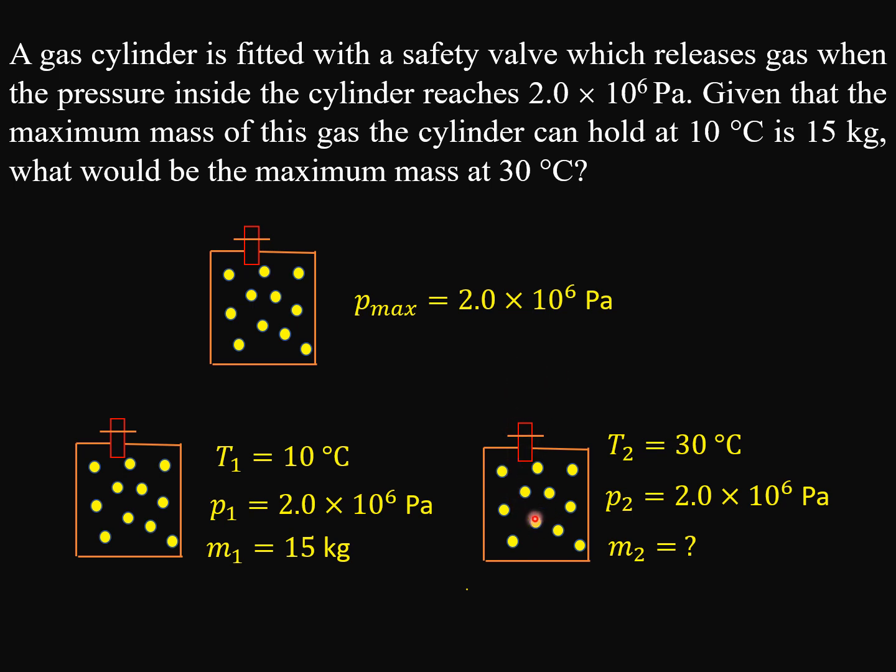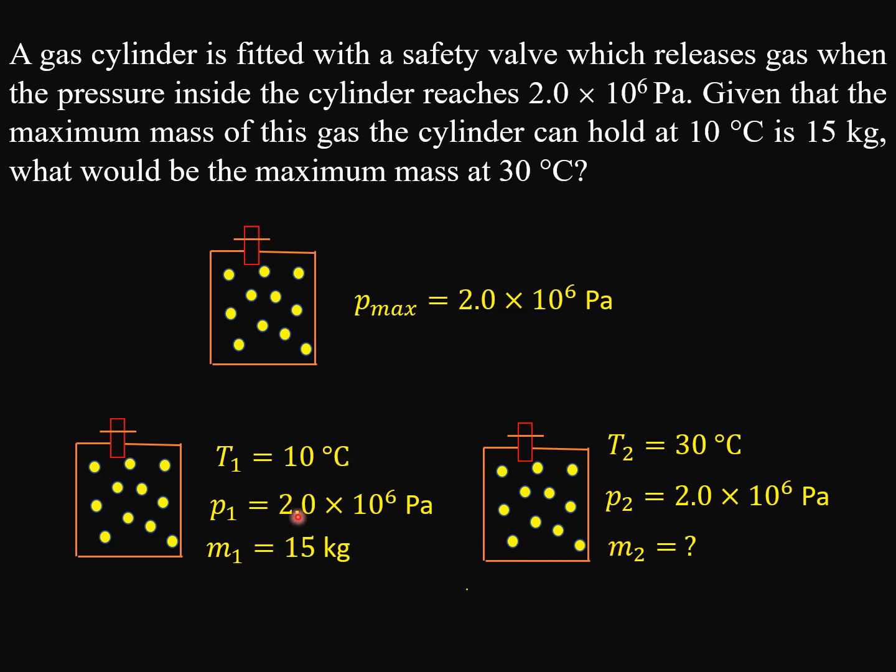As a result of the gas release, the pressure of the gas will be adjusted back to the same value, 2.0 times 10 to the power of 6 Pascal, which is the maximum pressure that this cylinder can hold at 30 degrees C. At 30 degrees C and 10 degrees C, the maximum pressure this cylinder can hold would be the same, but the mass of the gas in the cylinder would be different.